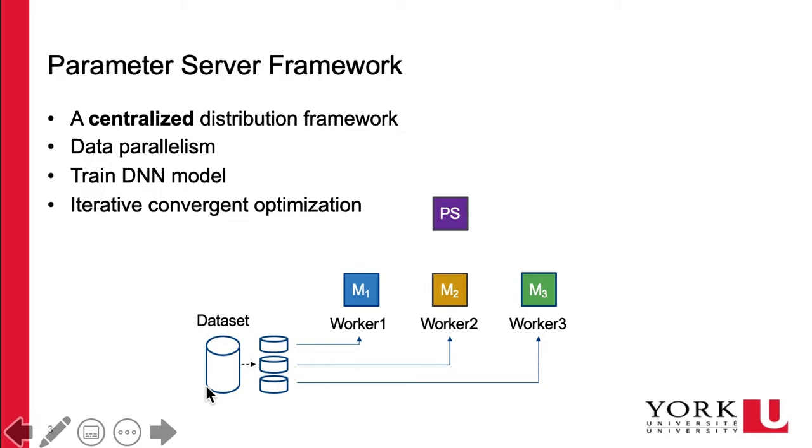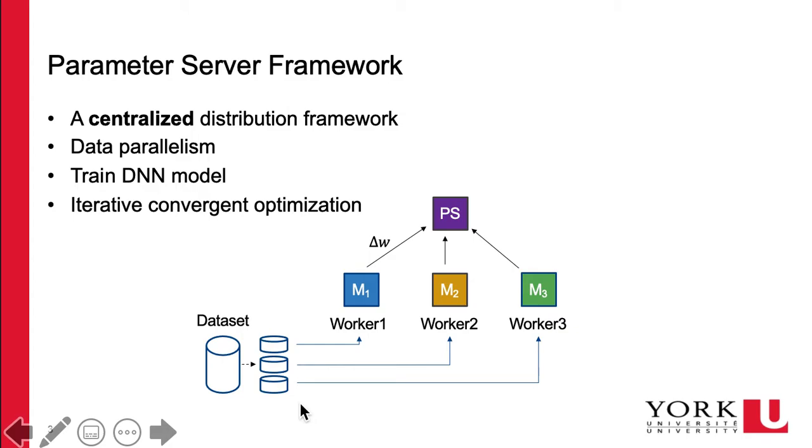Let's look at the animation example here. We have a data set, and the data set is partitioned equally based on the number of workers. Here we have 3 workers and 1 parameter server. The parameter server sends a replica of the training model to each worker. Then the worker trains the model based on the data it received from the dataset and computes the gradient.